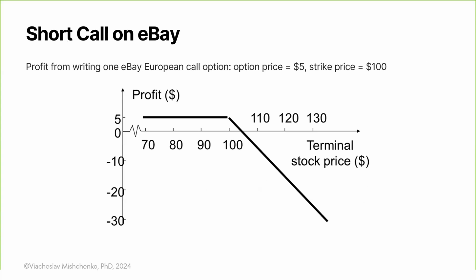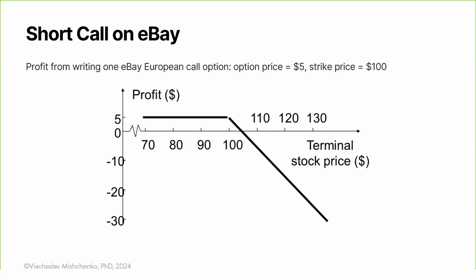And what about the short call on eBay? This profile is opposite to the previous one. The payoff here is essentially a mirror image of the long call, with limited potential gain and theoretically unlimited loss.